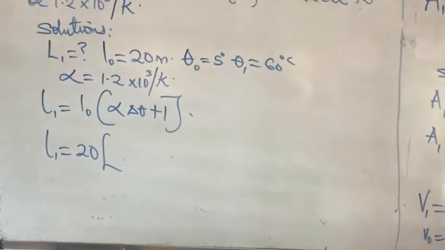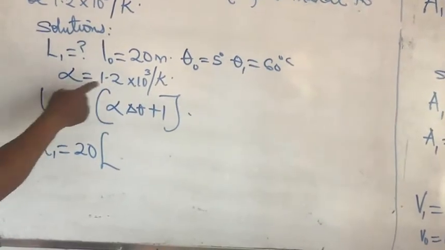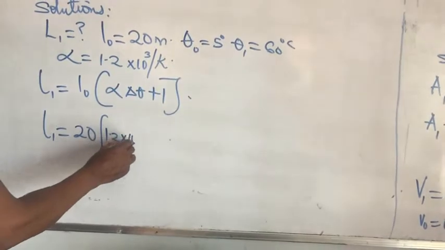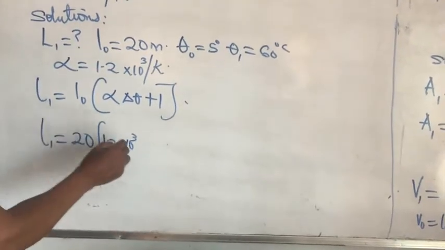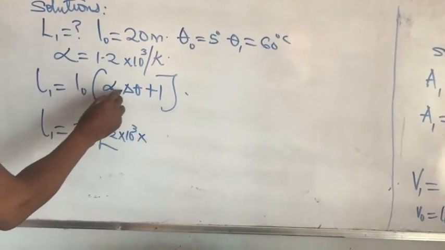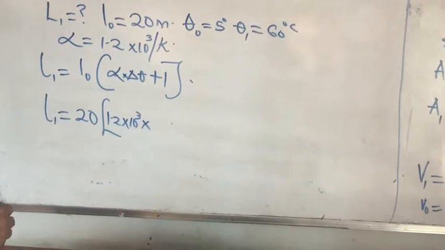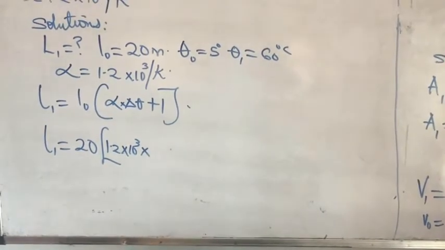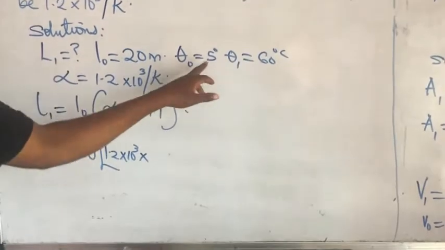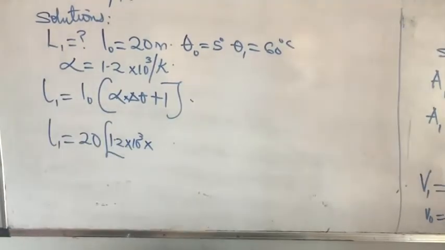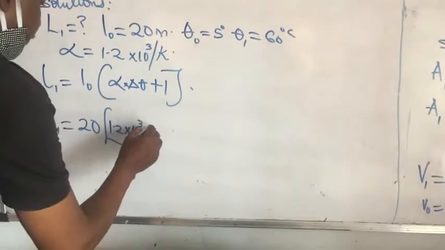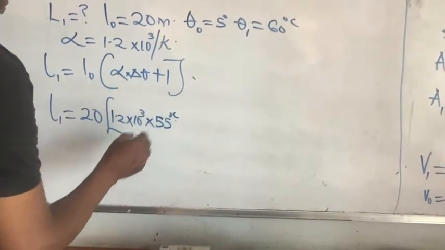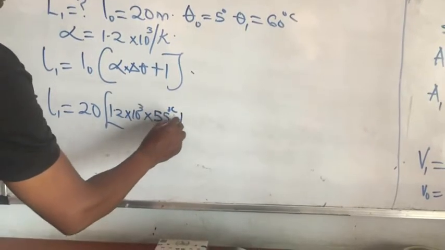Bracket open. Our alpha is given to us as 1.2 times 10 to the power minus 3, times the change in temperature. Change simply means the highest one minus the lowest one. What is the highest one? 60. Who's the lowest one? 5. 60 minus 5 gives what? 55. So we have here 55 degrees Celsius, plus 1.